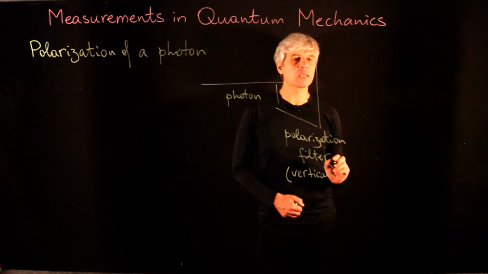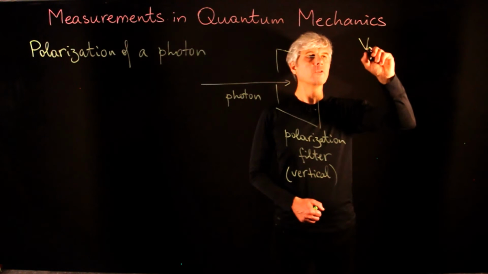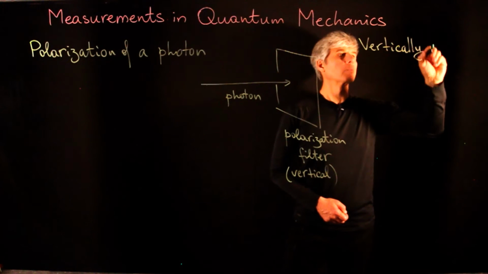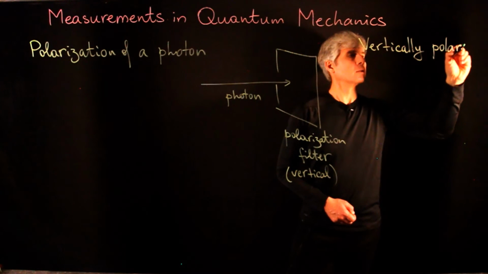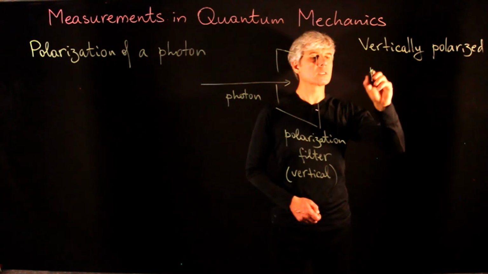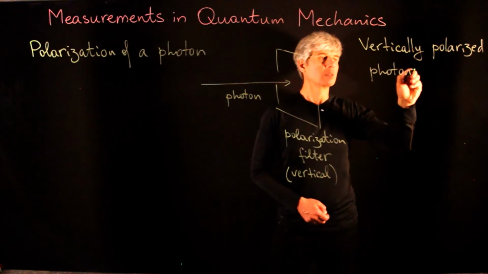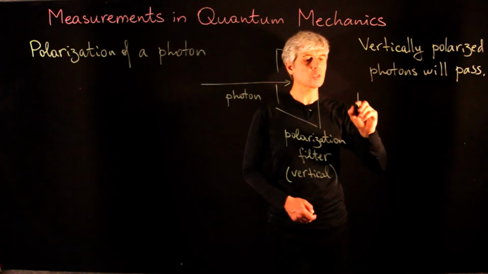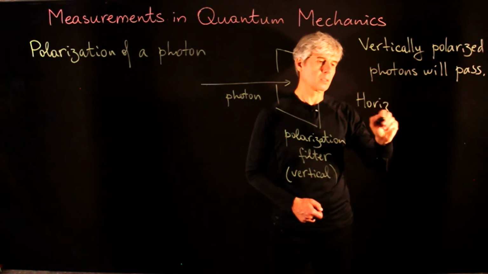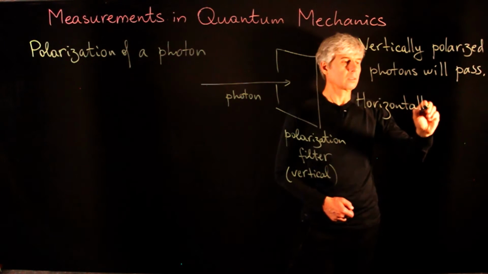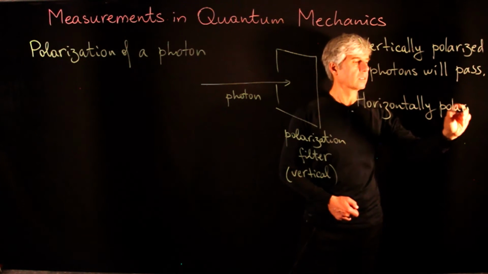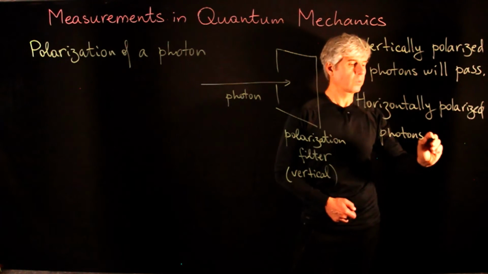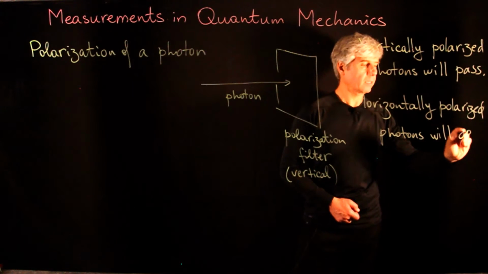So what happens is that vertically polarized photons will pass, and horizontally polarized photons will get reflected.